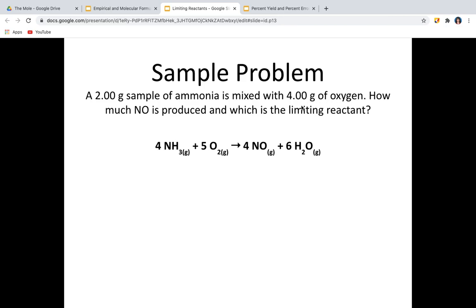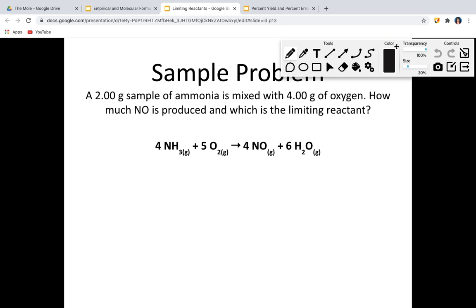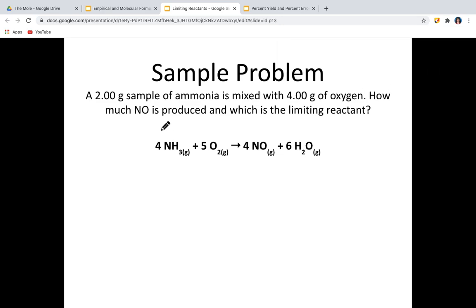Okay, next sample problem. A 2-gram sample of ammonia is mixed with a 4-gram sample of oxygen. How much NO is produced, and which is the limiting reactant? Now, if you're snarky, you could say all of the NO, but I'm going to pretend that you guys are not snarky and you do actually care about this.